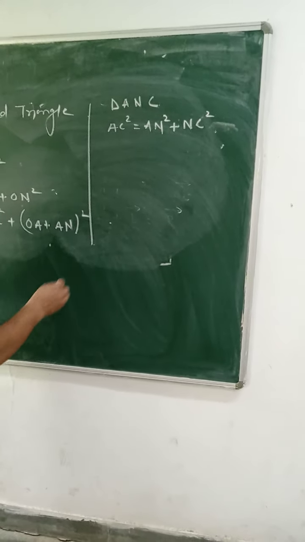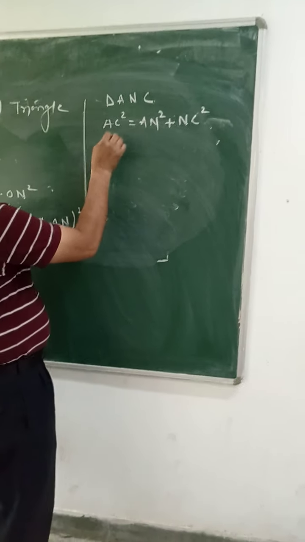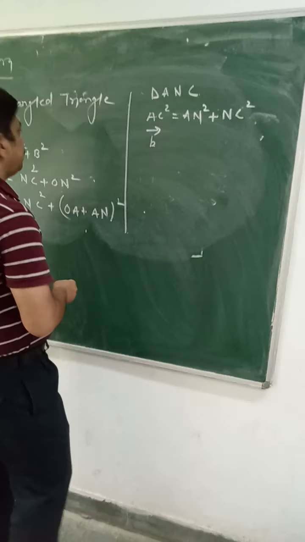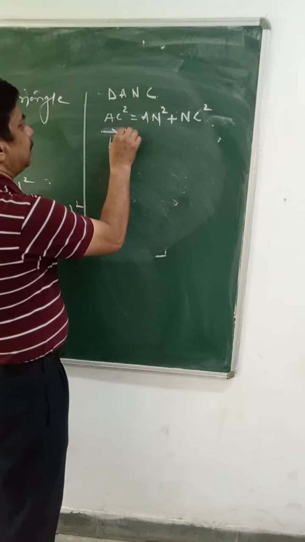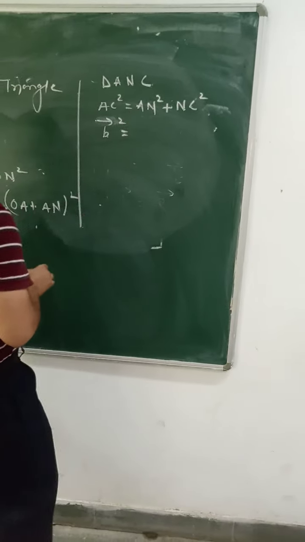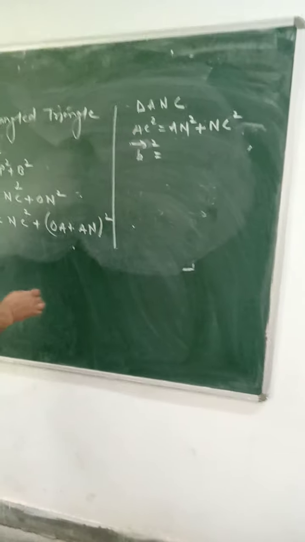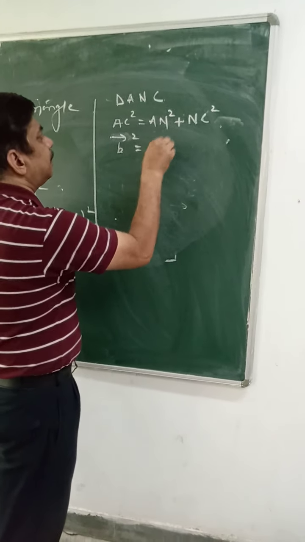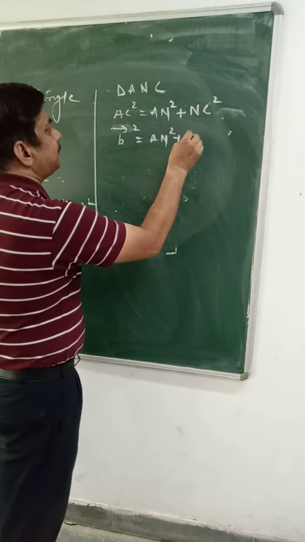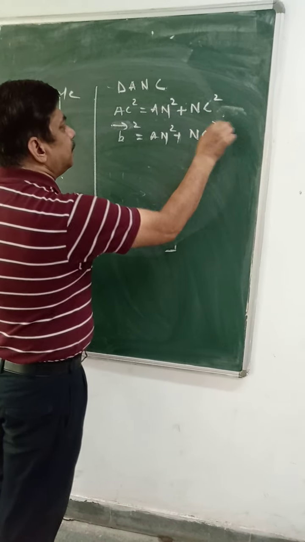So here AC square means vector B square, that is vector B square equals AN square plus NC square.